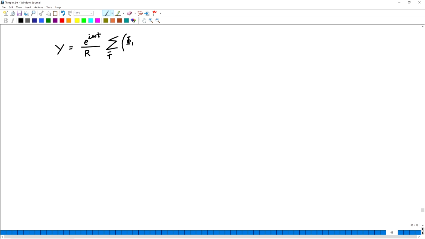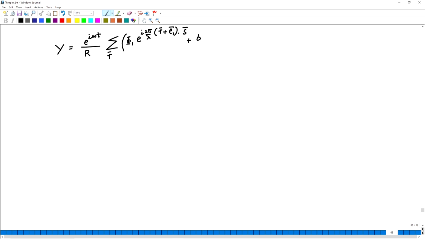So, phi 1 e to power i 2 pi upon lambda times r plus rho 1 dotted with the scattering vector S.